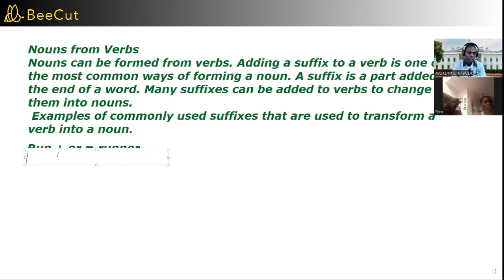Act. When you add ION, you write ACT, to act on something, plus ION becomes action. And action is a noun, while act is a verb. Act is the verb, action is a noun.